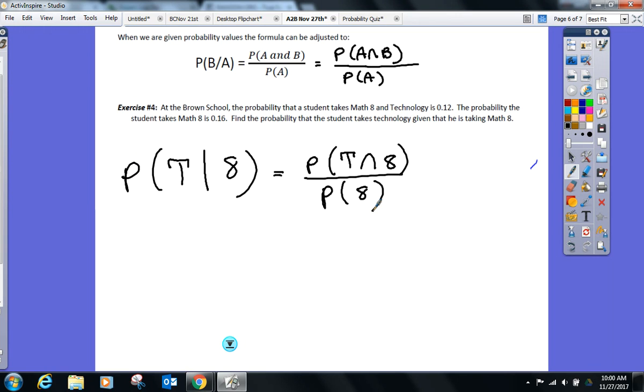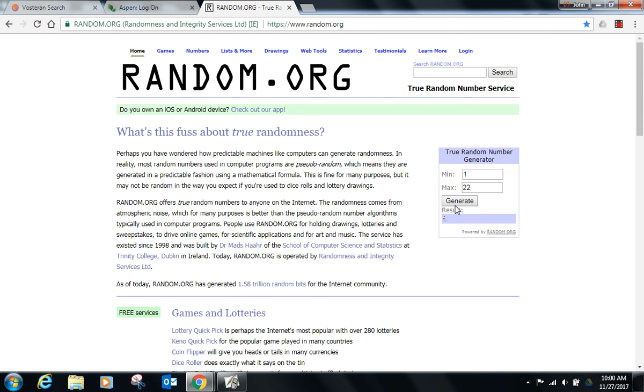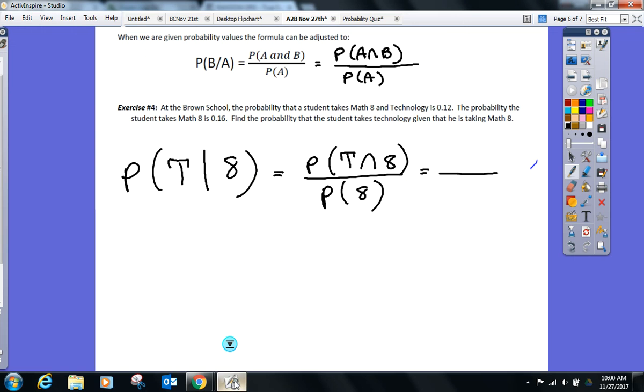No table here, but I did give you the values, didn't I? What's the probability? Let's hear some voices. The probability of Tech and Math 8 is 0.12. I gave it to you. Nice. Probability they take Math 8 is 0.16.